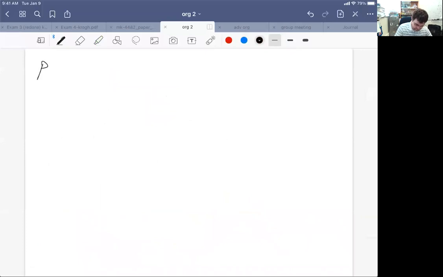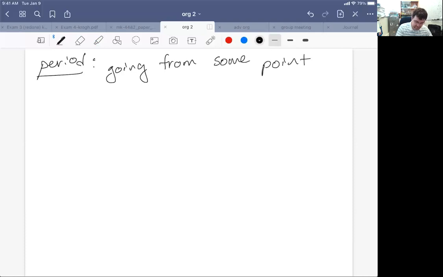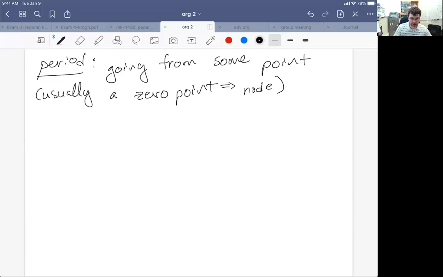So the period is going from some point. Usually we start at a 0 point. Now, interestingly, we call the 0 points nodes, and that might be a helpful term to hold on to.